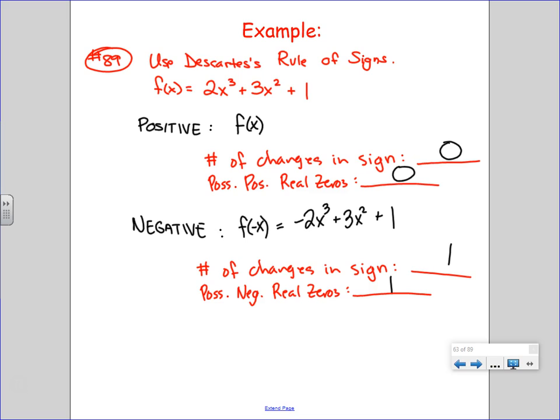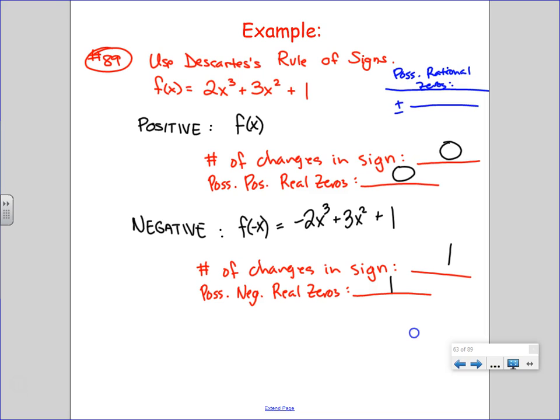So if we had to find the factors, let's apply this now. Let's change colors. We would think of possible rational zeros, right? Remember how we do this? It was from the beginning of the section.